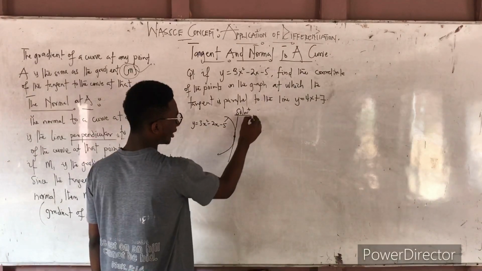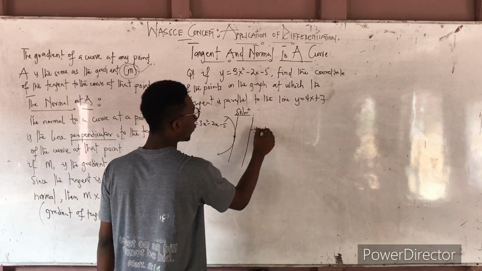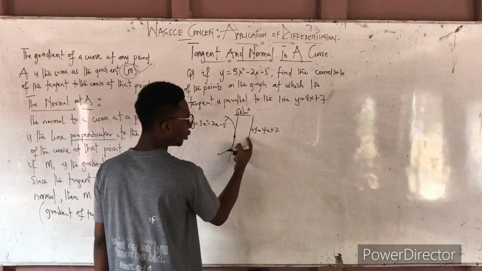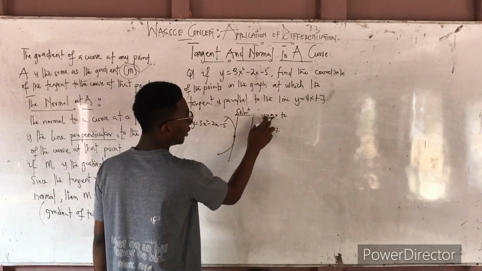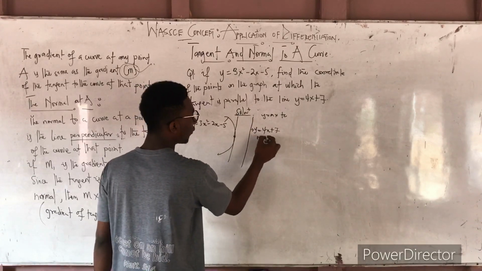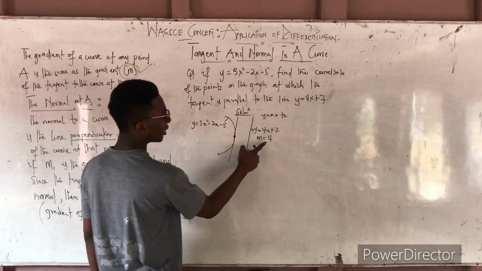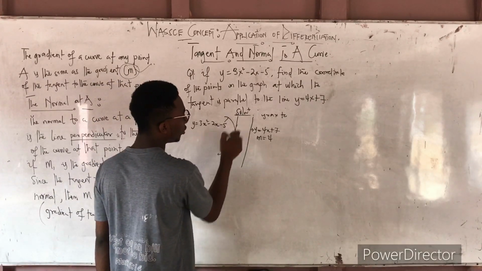This tangent is parallel to another line, and this line is y equals 4x plus 7. Now the equation y equals mx plus c is already arranged in this form. So the gradient for this line is 4. You get it? And if the gradient for this line is 4, that means the gradient for our tangent should also be equal to 4.